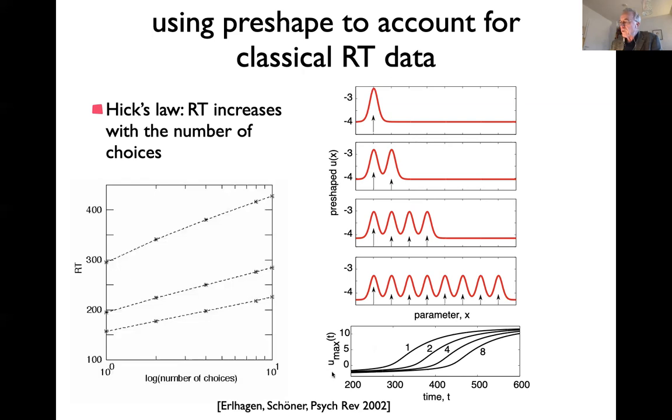And then what is plotted here is the level of activation that is maximal in the field. It will be over this first choice after some time, as a function of time. And that goes from a negative value then ultimately to a positive value. So if you think that the motor system is really driven by that, we would have to model it, but here we would just take some arbitrary threshold and say when that threshold is reached, that is when the response happened.